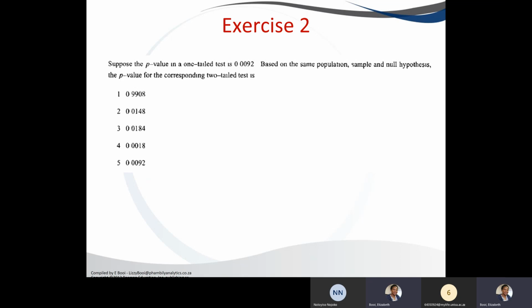Let's look at one example. Suppose the p-value of a one-tail test is 0.092. Since now they say a one-tail test, you need to be very careful here. It's not a two-tail, it's one tail.